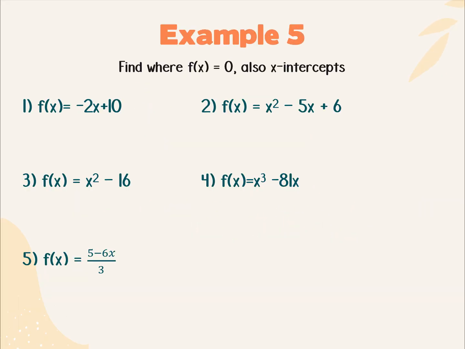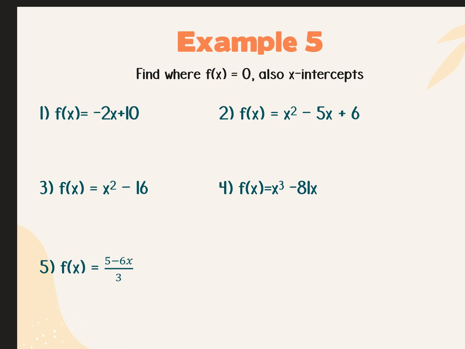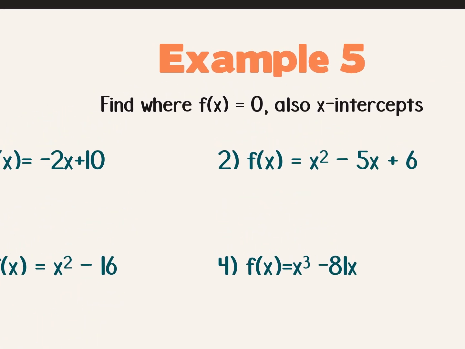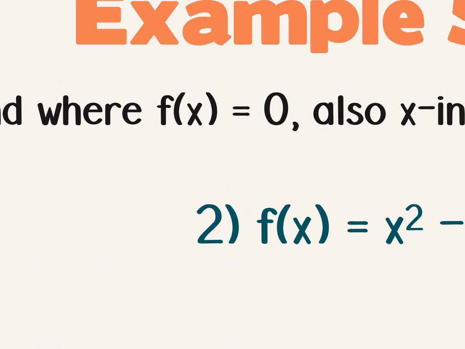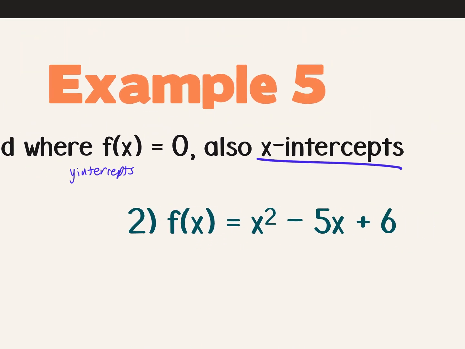Moving along, I'm going to do 2, 4, and 5. You guys already know how to do this. Let's just refresh our memory. It says find where f of x equals 0. Well, f of x is the same way of saying what? Guys, we're finding y-intercepts and x-intercepts.